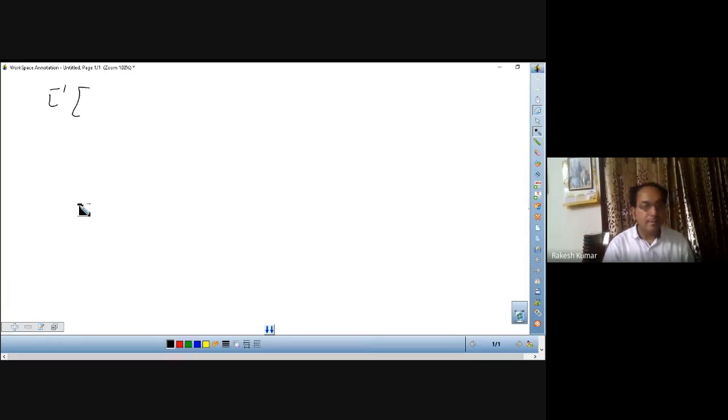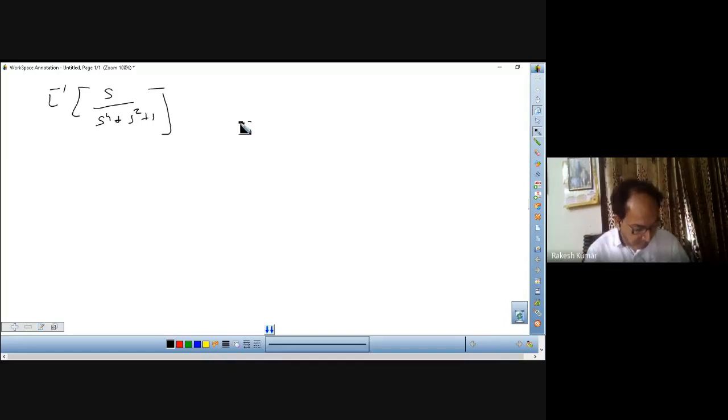It's this one, s upon s4 plus s square plus 1. We need to apply the partial fraction and find out the answer of this question. This is the question of inverse Laplace transformation again.